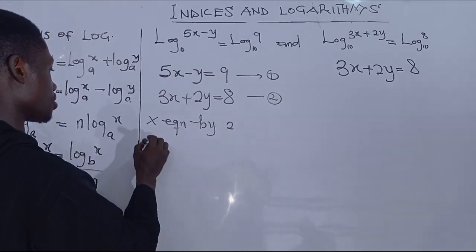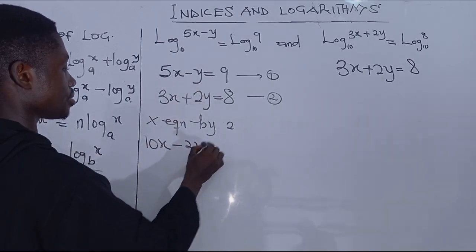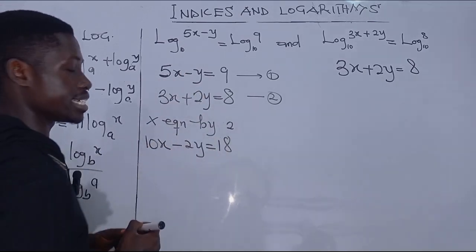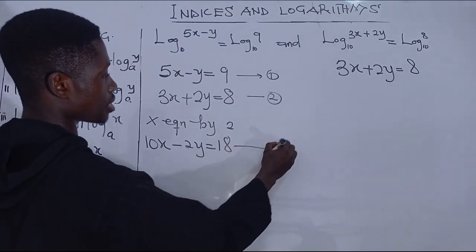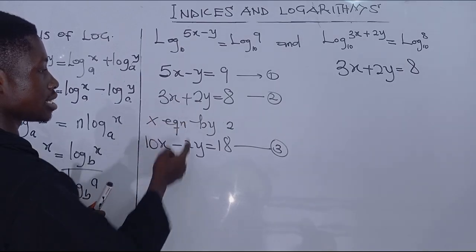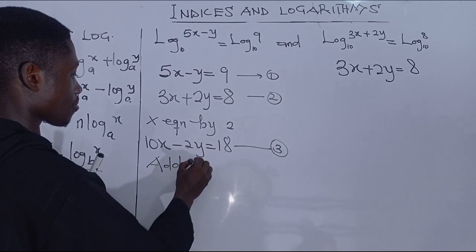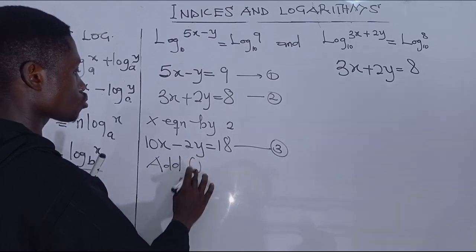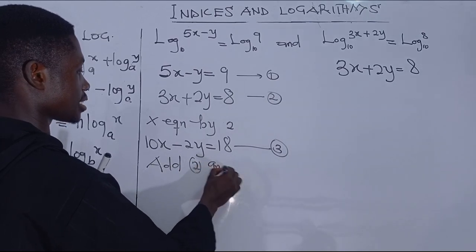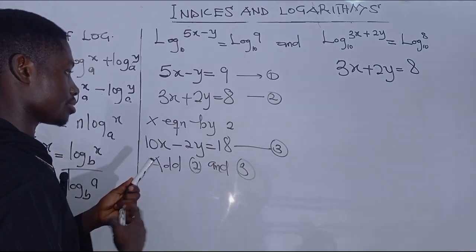So 2 times 5x will give us 10x, minus 2y, and then we have 18. Let's call this equation 3. Now let's add equation 2 and equation 3 together.